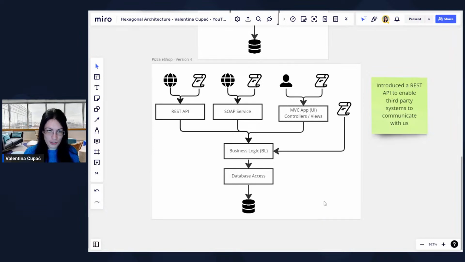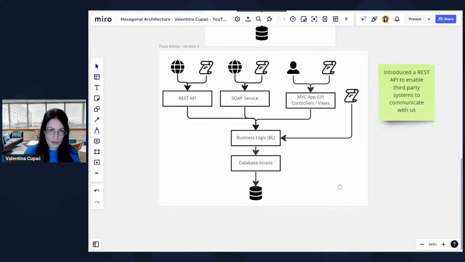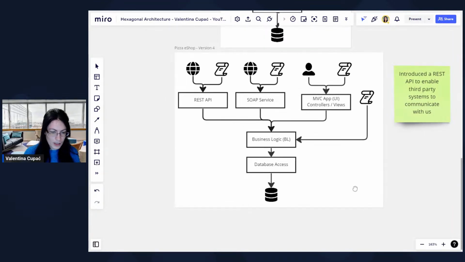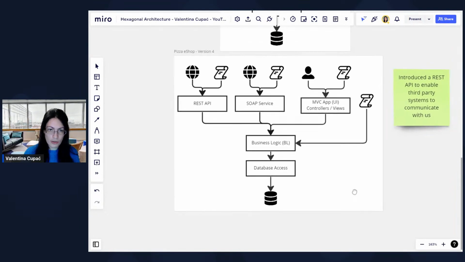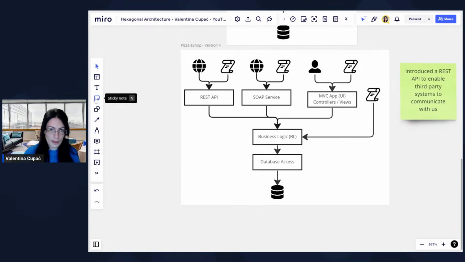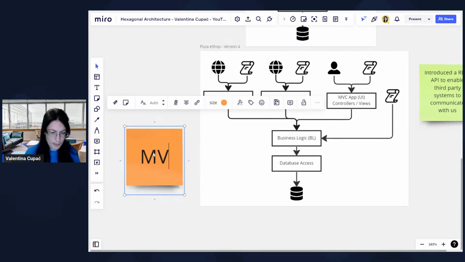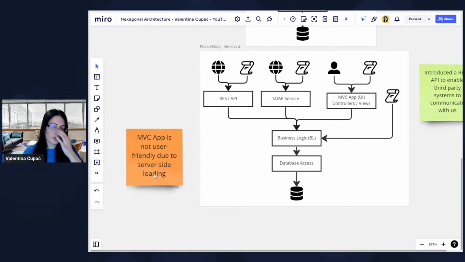So let's continue on. Now that we have this, the next challenge that is also occurring is that our team is realizing that the MVC app is not user-friendly due to server-side loading, whereby the whole page is loaded.